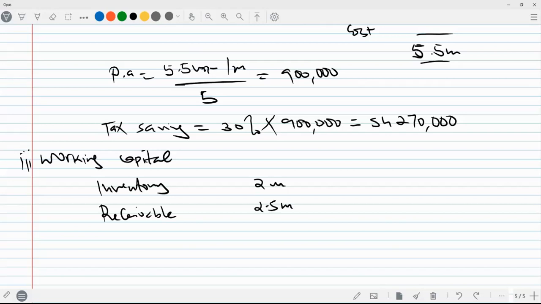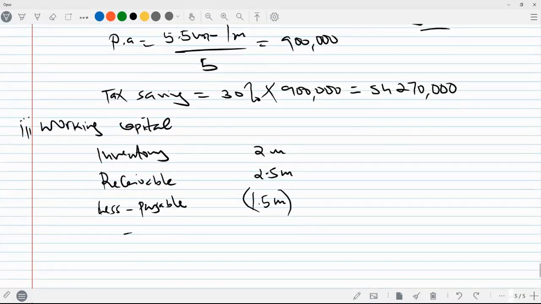Then you'll be told that payables will increase by 1.5 million. Don't forget to deduct the payables, so less payables, minus 1.5 million. Accrued expenses will decrease by 0.5.